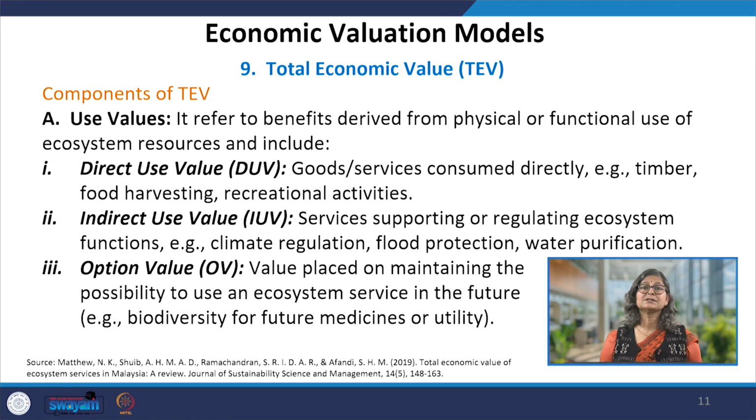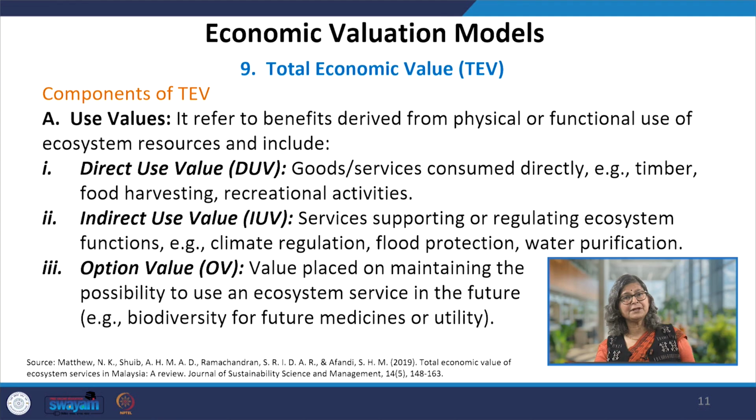Indirect use is services supporting or regulating ecosystem functions, like climate regulation, flood protection, water purification. So, directly we cannot really give a price for them. Option value is the value placed on maintaining the possibility to use an ecosystem service in future.